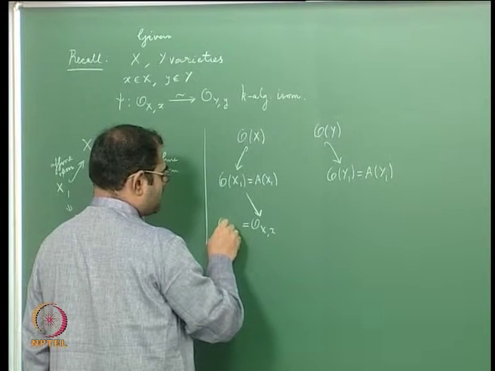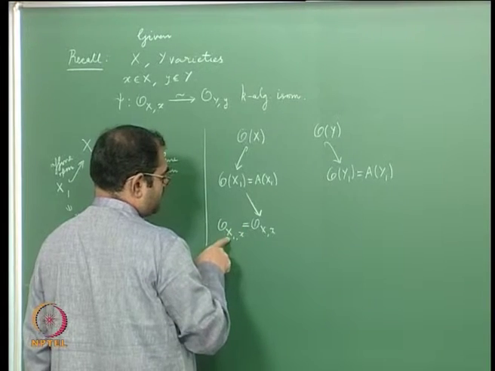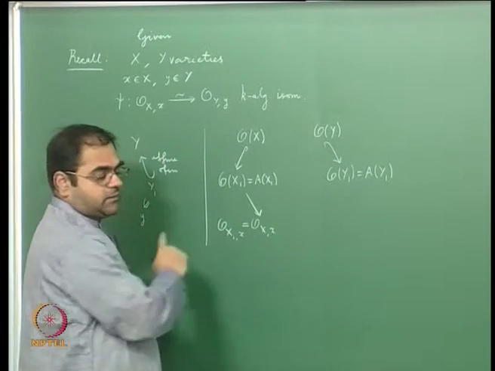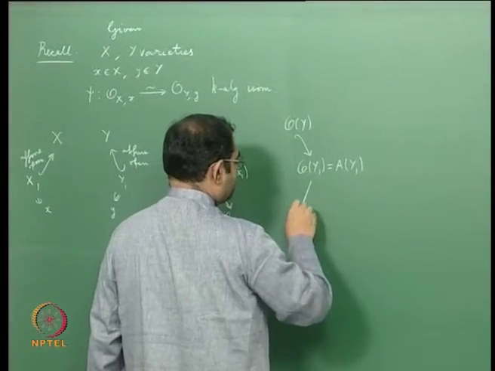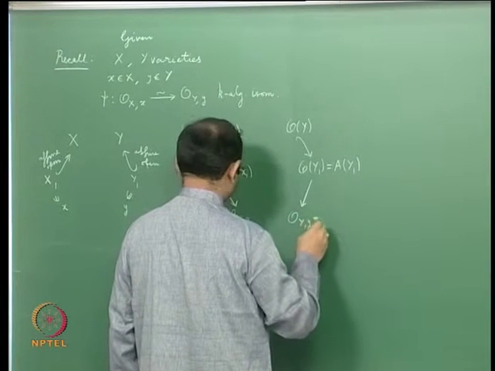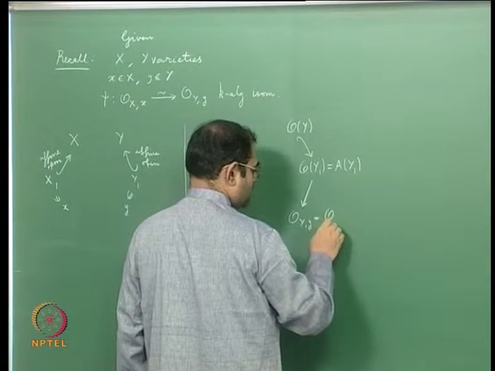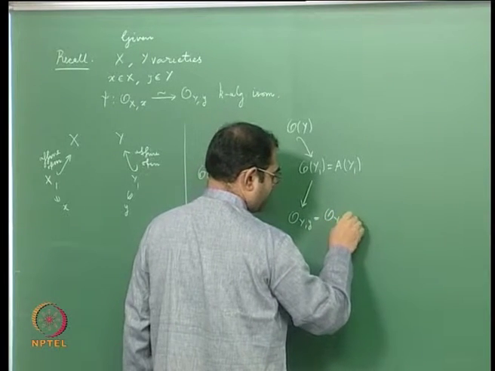So this is the same as the local ring of x considered as a point of the open subvariety X1. And similarly here we have the local ring of capital Y at small y, which is also the local ring of small y as a point of capital Y1.